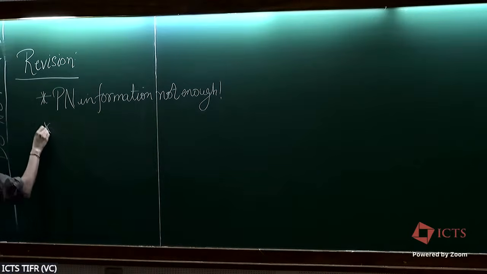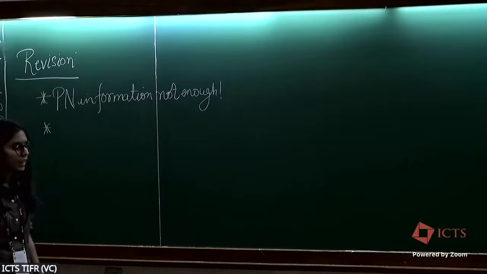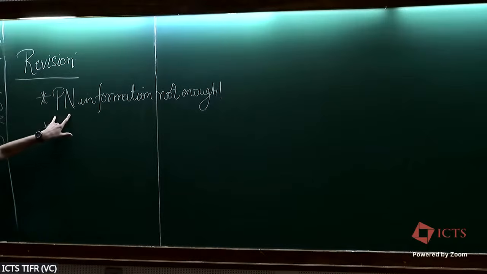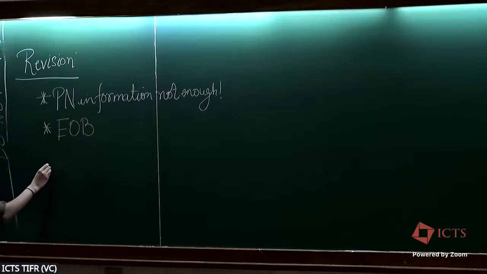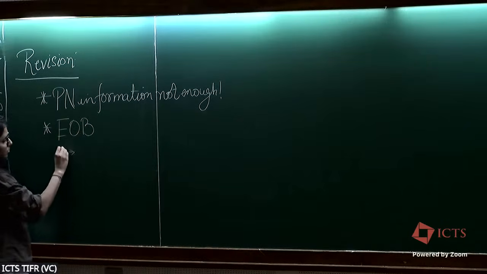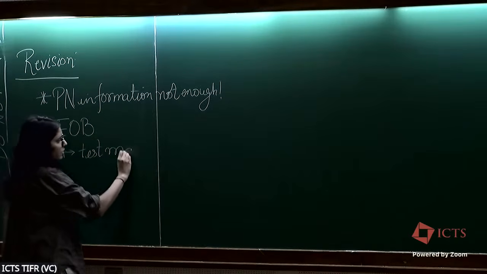And then we motivated that we need to resum this PN information to extend the validity of post-Newtonian results. After that, we said if we combine these post-Newtonian results with test mass results, we should be able to obtain something like an effective one-body theory. So we motivated effective one-body theory. And the key idea of EOB was to combine test mass with PN.